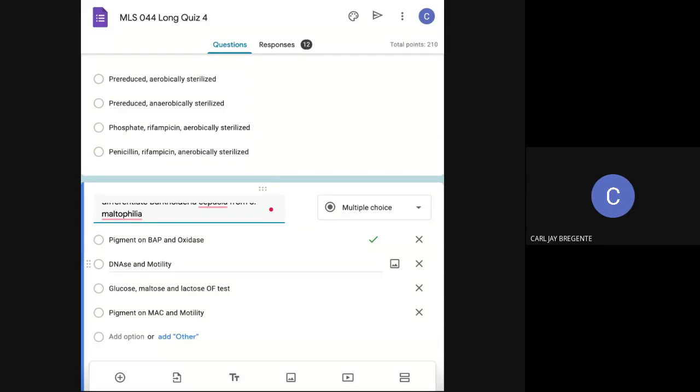But both of them are motile, so motility testing is excluded. They are glucose, maltose, and lactose fermenters. They do not give pigment on MacConkey, and both are still motile. The pigment is only shown on blood agar plates.